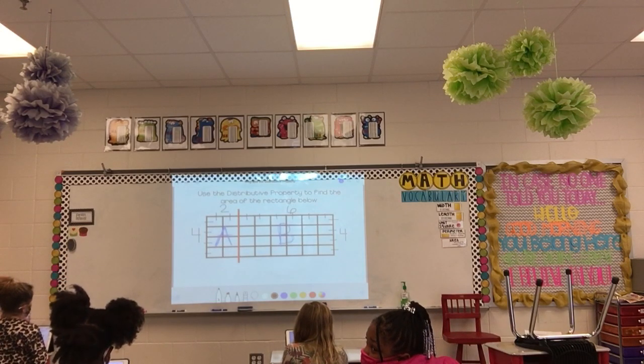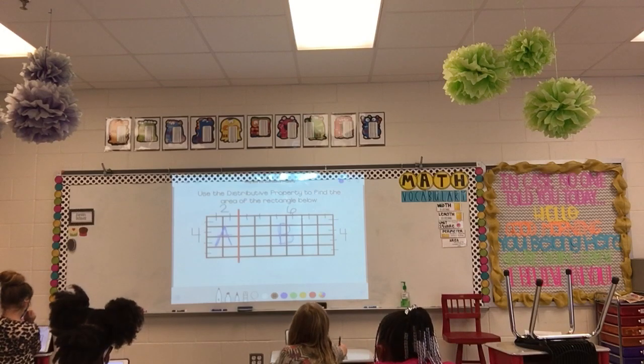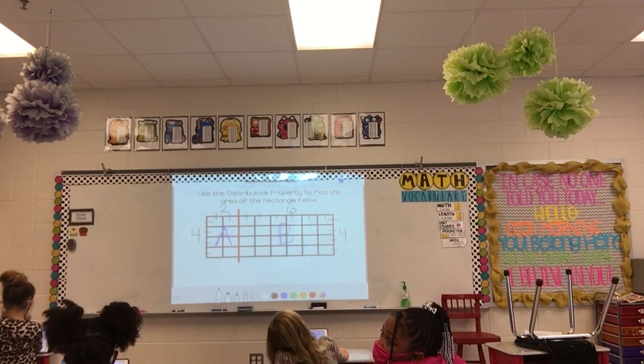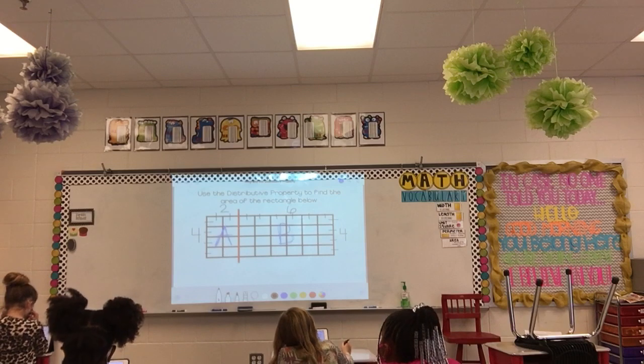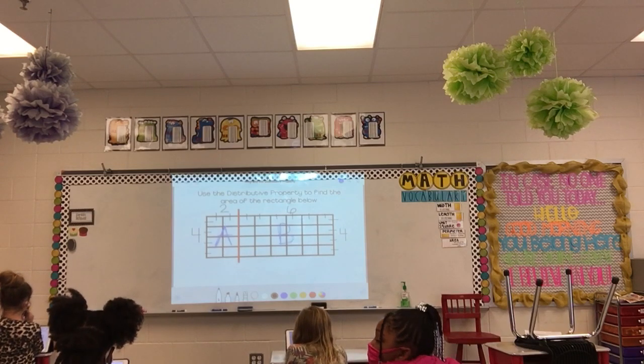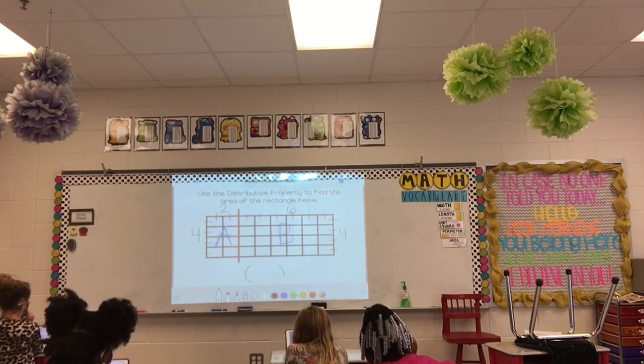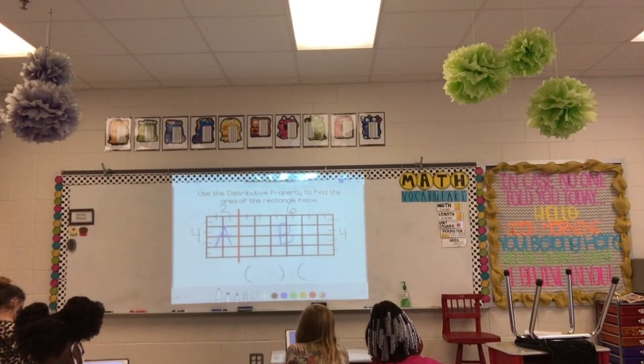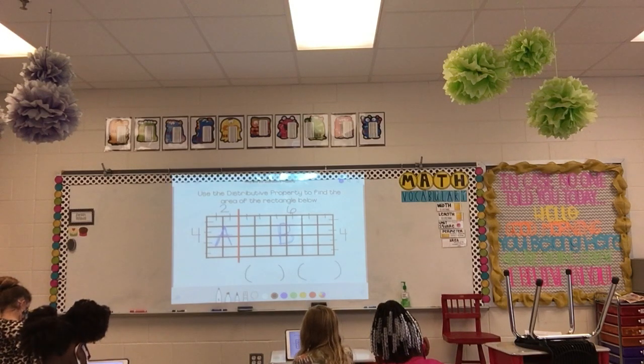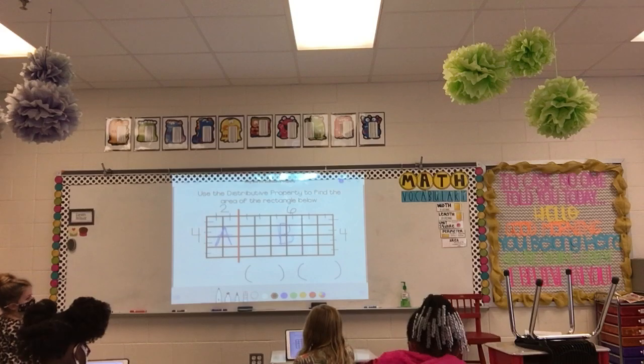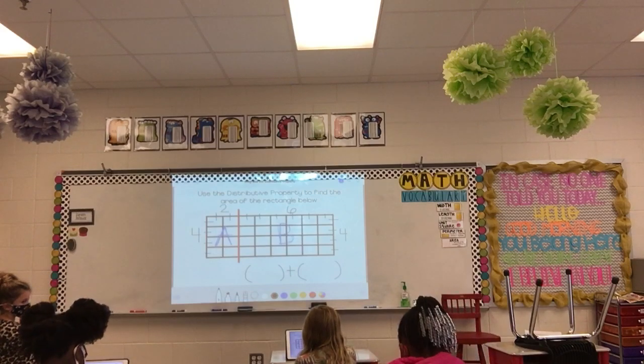How many rectangles did I just make? 2. A and B. So how many sets of parentheses am I going to have? 2. One for A and one for B. And what must go in between them? Plus. Very good job.